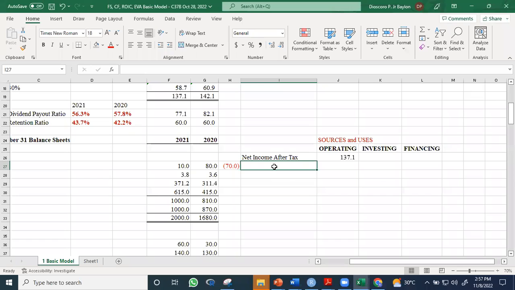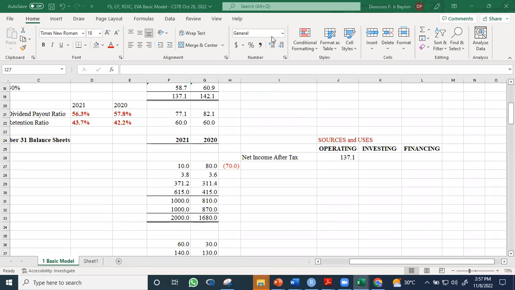What do I do? What do we add or subtract to net income after tax? Kindly chat, please, to convert it into cash. What do we do, guys? If there's any adjustment, what is it that we need to adjust? And what do we do with that adjustment? Based on what I explained a while ago.